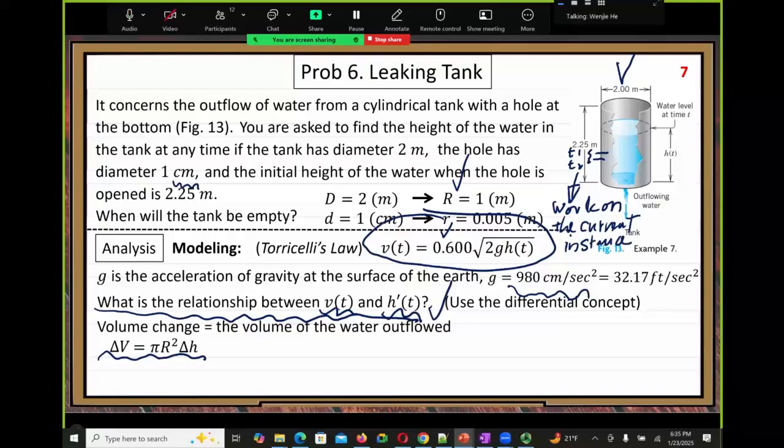So we use T1, T2 to approximate. Can we make T1, T2 closer and closer? Then finally they converge to the current instance. We make them very close, and at the end they converge to one t, our current time instance t.